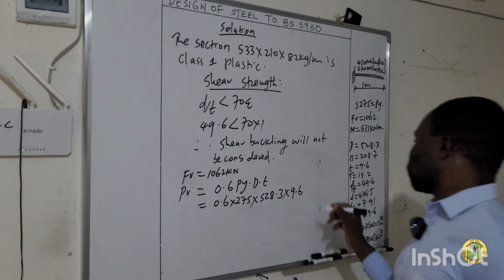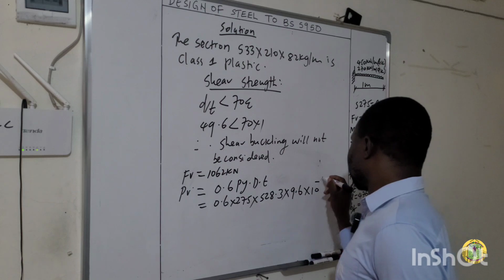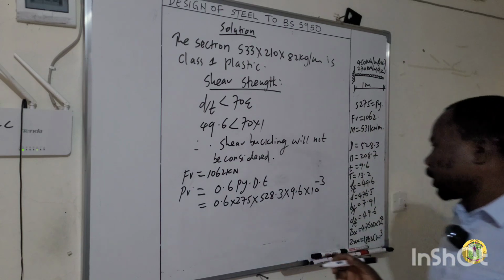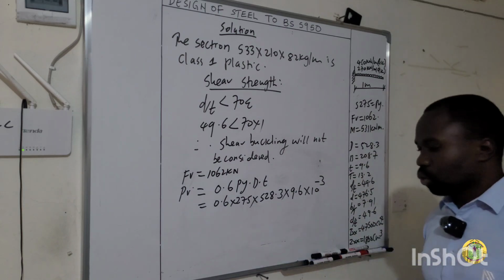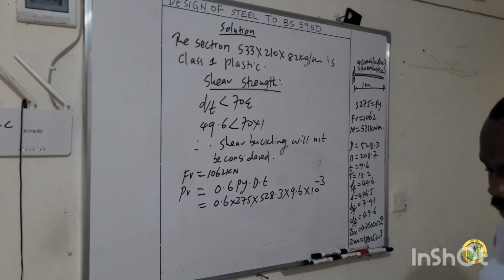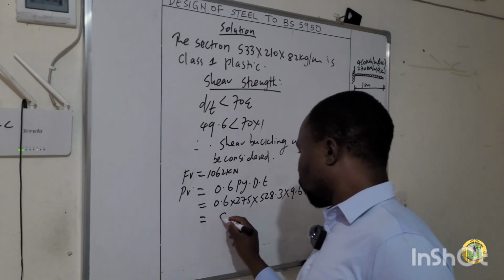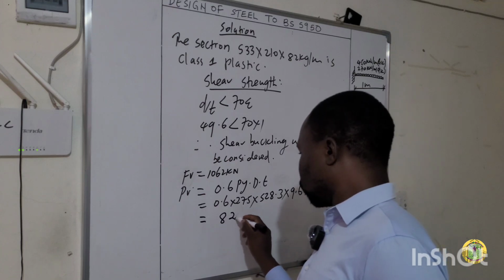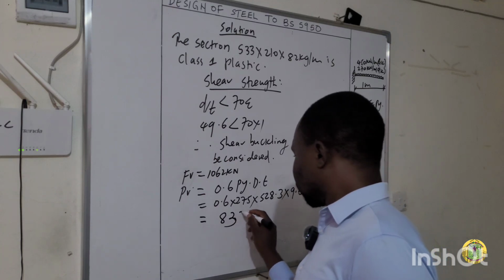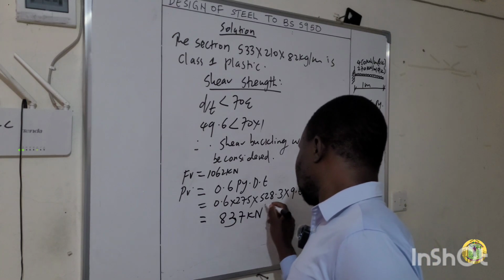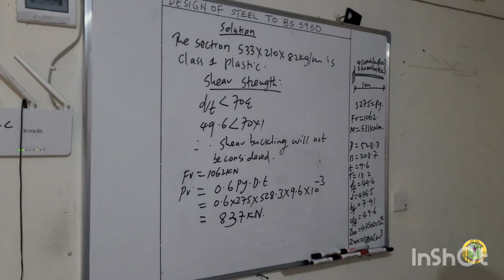And of course, we'll multiply by 10 to power of -3 to change it from Newton to kilonewton. So this one is equal to 837 kilonewton.